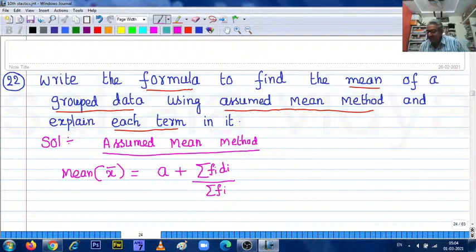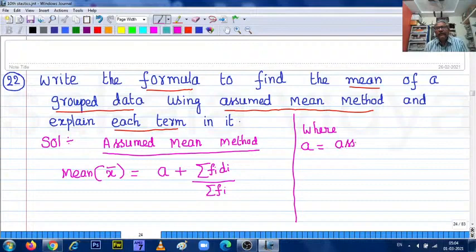Now here we need to discuss each letter involved: what is meant by a, what is meant by fi, and what is meant by di. So we need to write, where a stands for the assumed mean from the mid values of the class intervals.